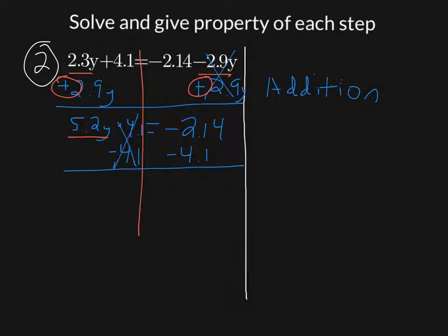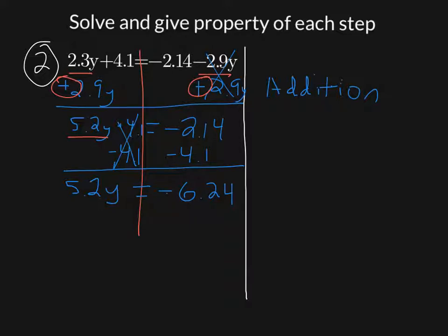When I do that, I'm left with 5.2y still. And then negative 2.14 minus 4.1, we're going to add them together since they're both negatives. So that is going to be negative 6.24.